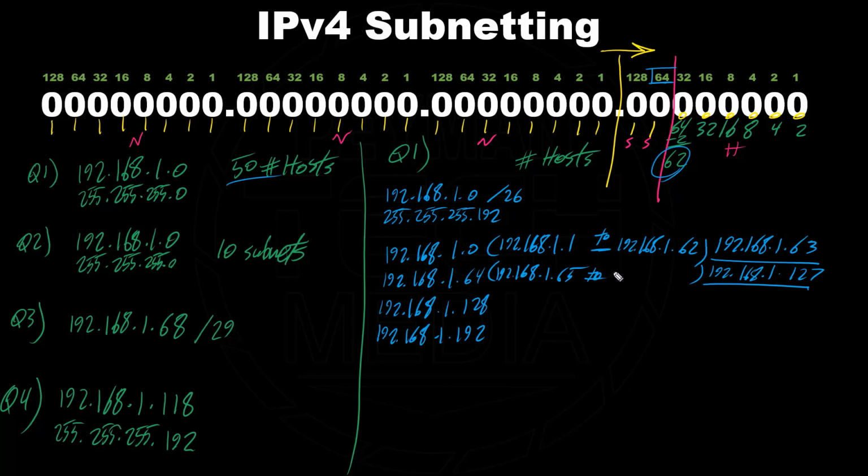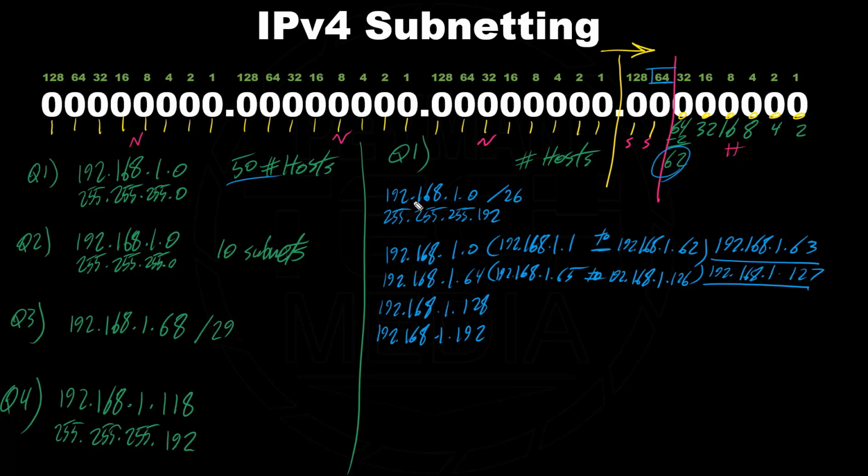And it goes to 192.168.1. This is 127, one less than broadcast address, 126. That's the range. So 1.65, 1.66, 1.67, and so on. And when it gets to 1.126, that's the last available IP address. 1.127, that's the broadcast address. And 1.128, that's the next subnet address.